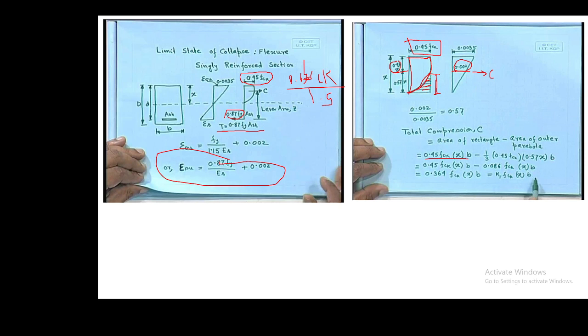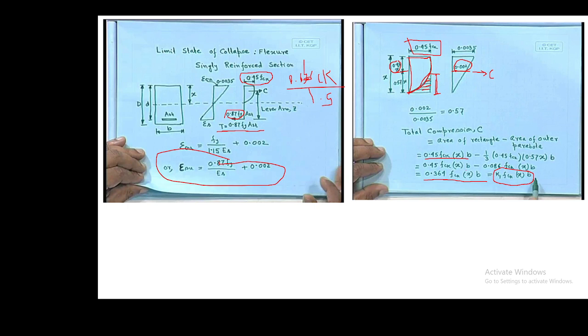That we have put in, and then we have calculated the equation to calculate the compressive force when the beam is loaded. So now you can see it is 0.364 FCK XUB, which we can mention as K1 FCK XUB.